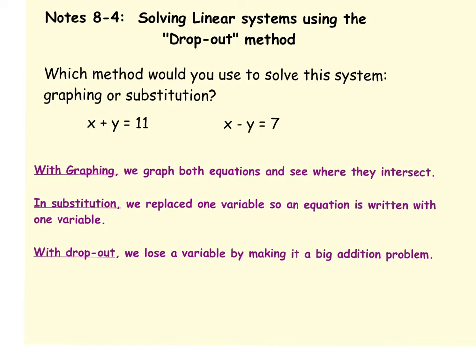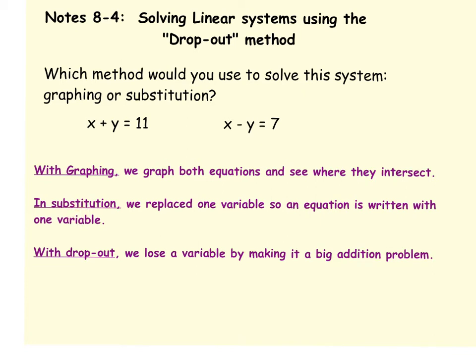Alright, today we're going to be learning about the dropout method. I remember I told you guys there are three ways to solve systems of equations. The first day we learned about graphing, where you graph both equations and see where they cross. Wherever they cross, that is your solution. Last cycle we talked about substitution.